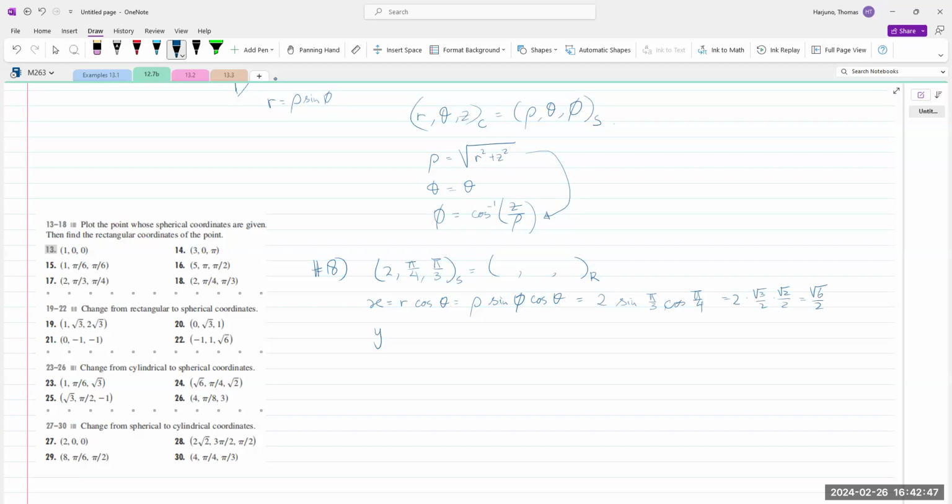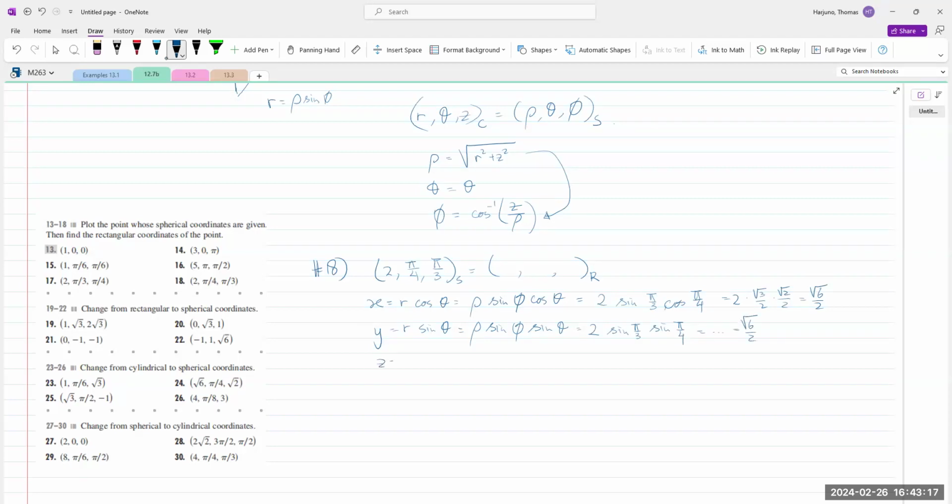The y component will be r sine theta, which is rho sine phi sine theta. That's 2 sine pi over 3 sine pi over 4. I think they will be the same, huh? That's radical 6 over 2.